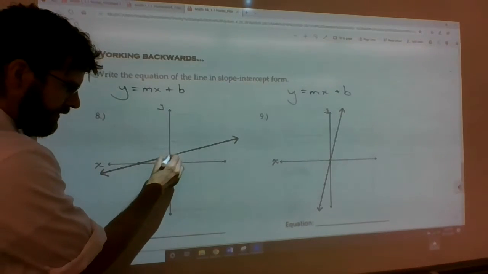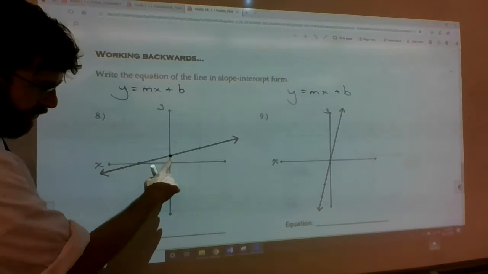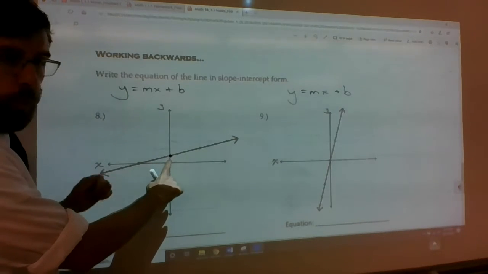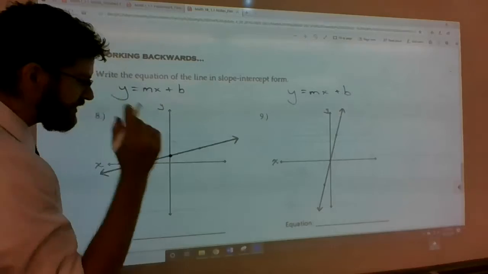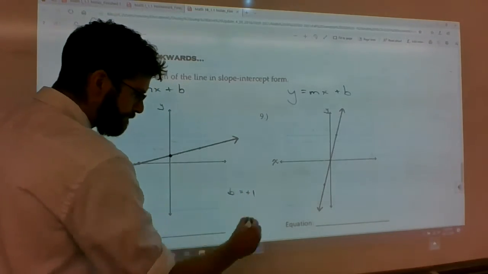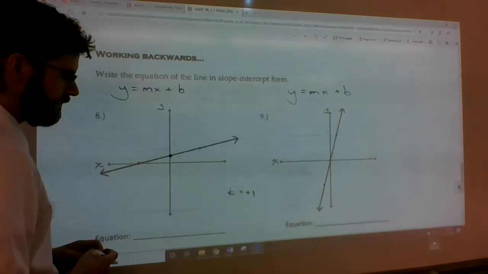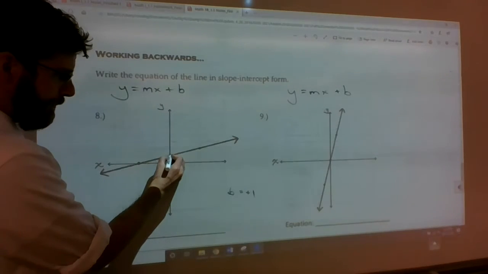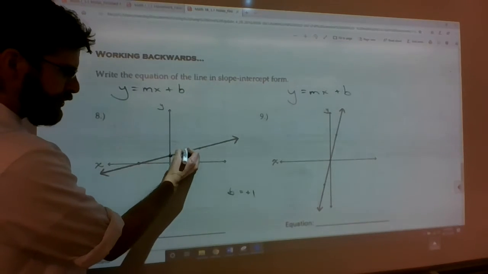So we got our b, right? It crosses the y-axis at 1 unit above. So b is equal to positive 1. And then our slope is going to be up 1, right 1, 2, 3, 4.